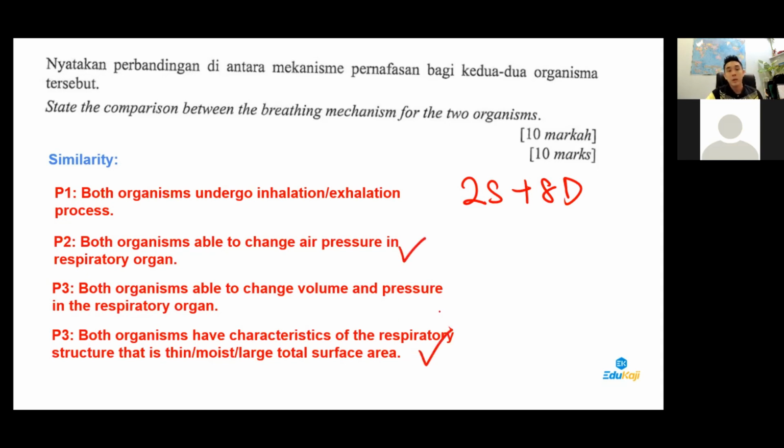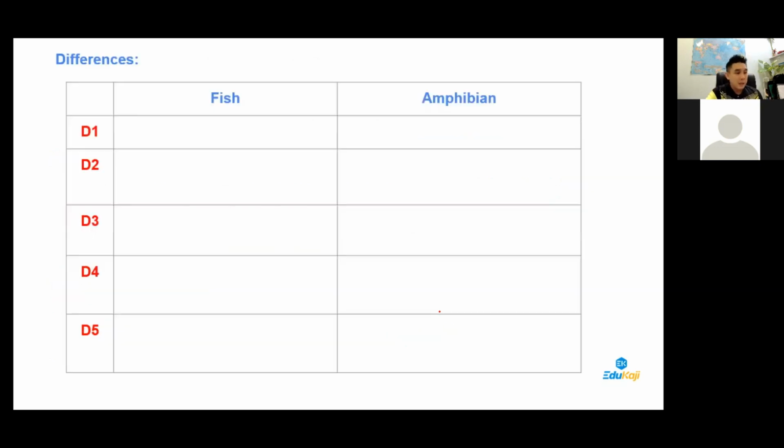Now, for similarities, there are definitely a lot of points you can make use of. The most obvious difference would be their organs. Guys, fish use gills, amphibians use lungs.